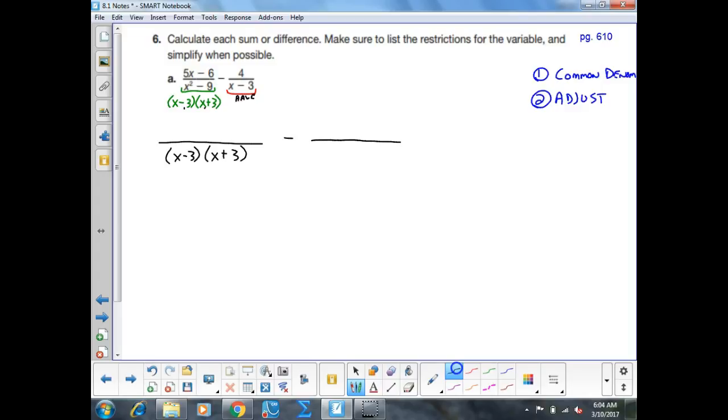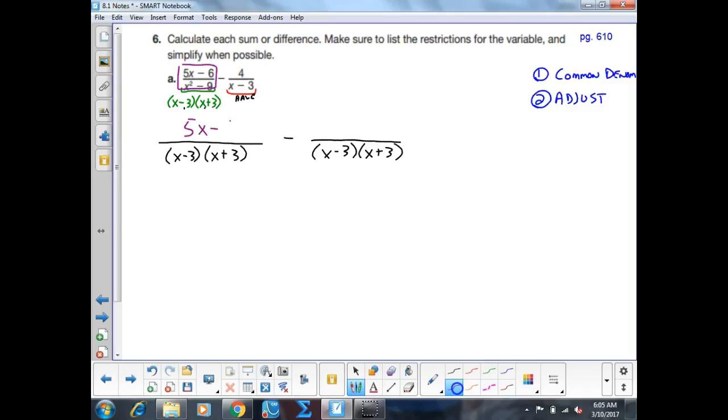So now I've just got to adjust each fraction. The left fraction here doesn't need any adjusting because I'm already in my common denominator.